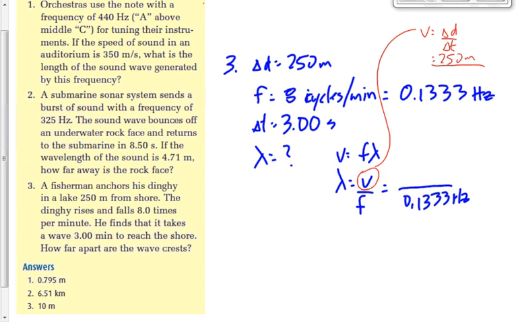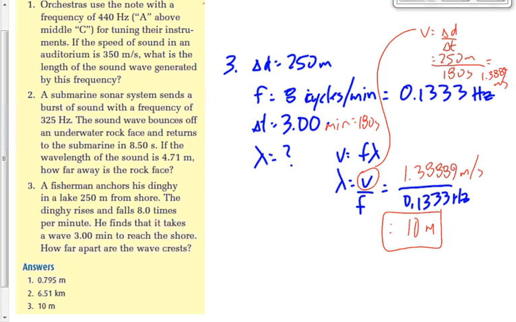Not 3 seconds. 3 minutes corresponds to 180 seconds. 250 divided by 180 is going to give me 1.3888 meters per second. So if we take that value now, 1.388 meters per second divided by 0.133, I assume we get a number that's 10 meters. Is that good? Make sense? Hold on before you take off here, guys.